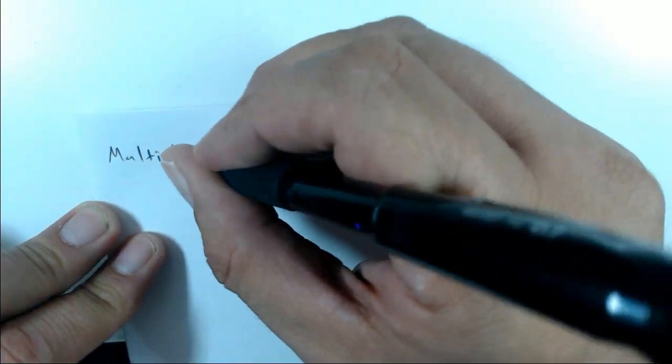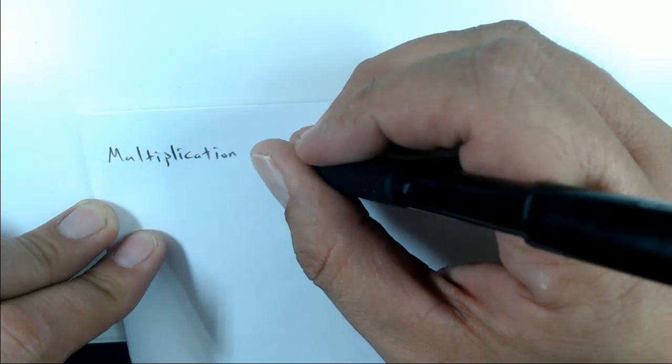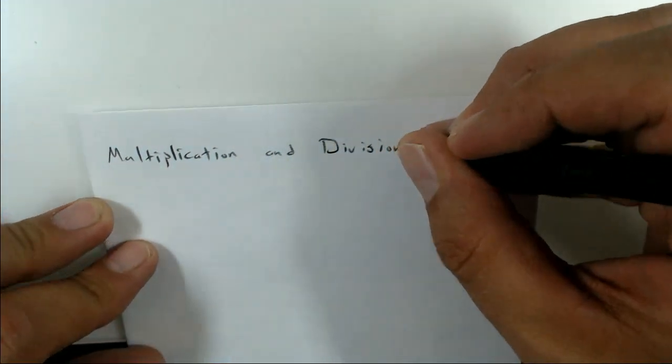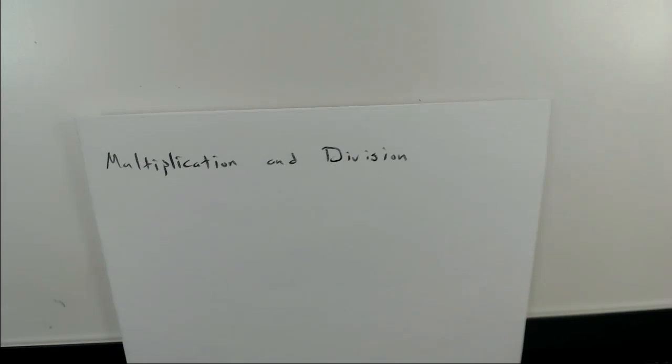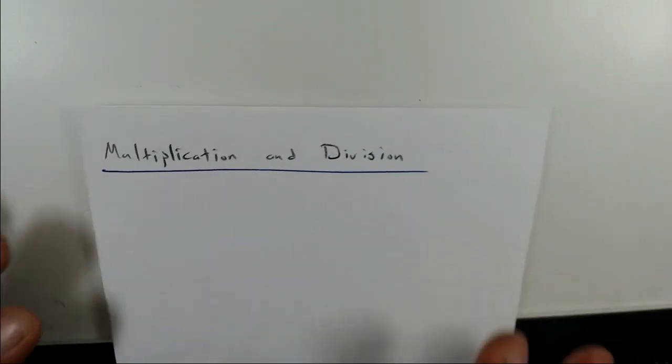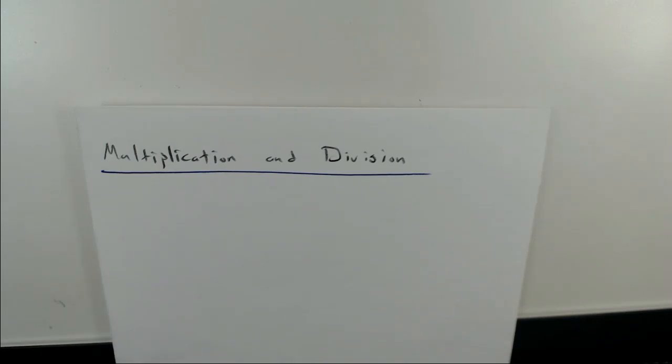All right, so first things first, the multiplication and division rules. The way this rule works out is your result carries the same number of significant figures as the factor with the least number of sig figs.